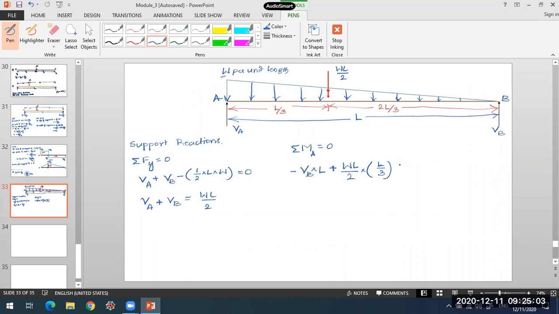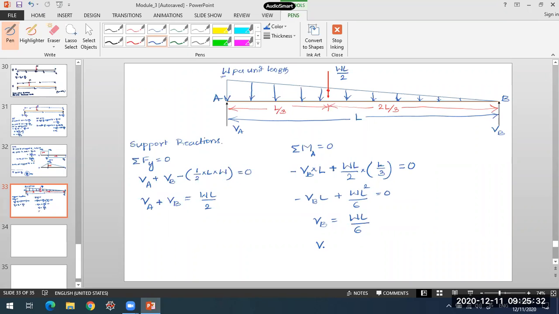This summation should come out to 0 for equilibrium: minus VB into L plus WL square by 6 equals 0. So VB will be equal to WL by 6.